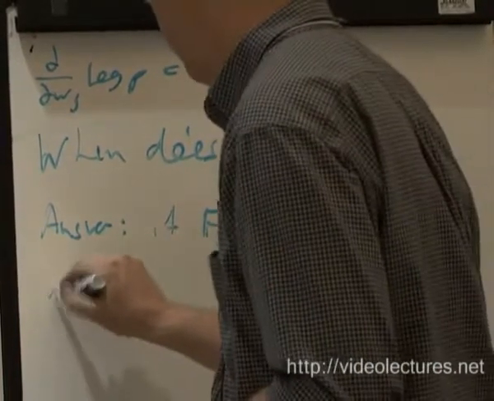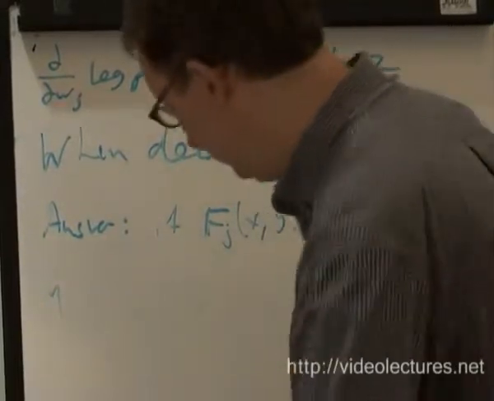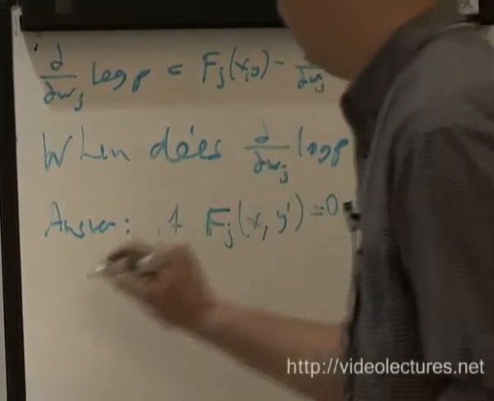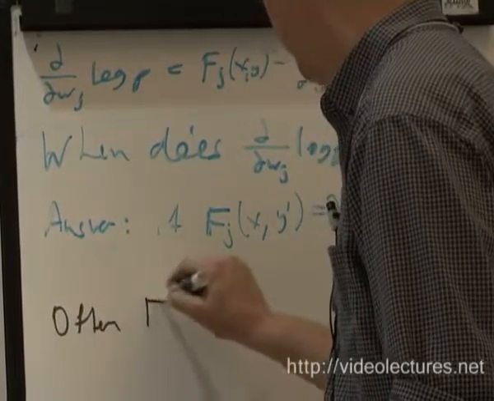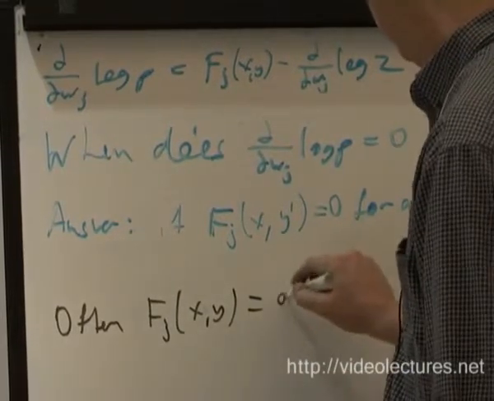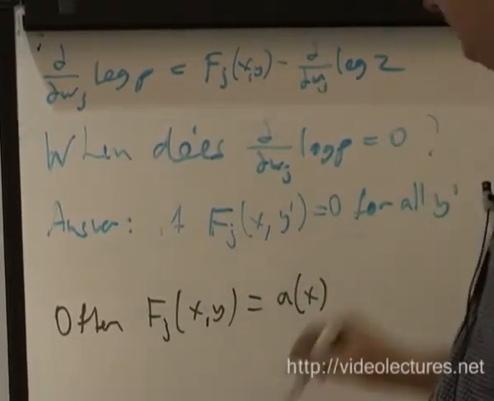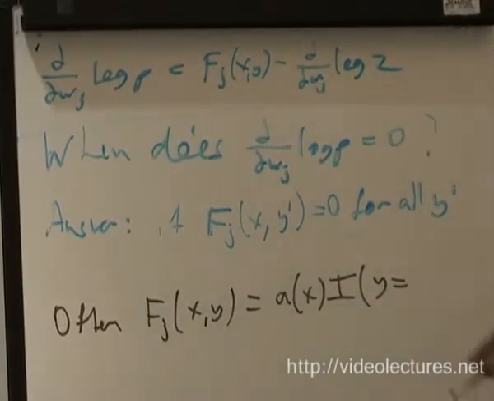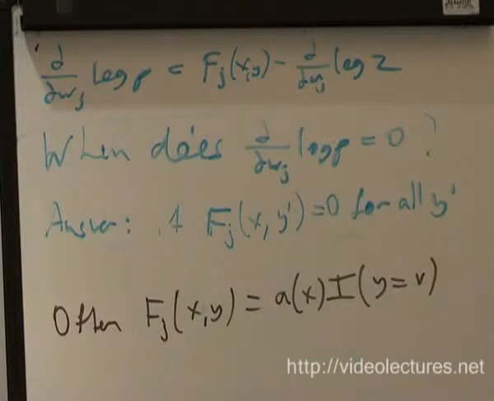And so we have many feature functions. So often fj of x and y is some function a of x times indicator y equals v. So remember how we translate regular features into feature functions.